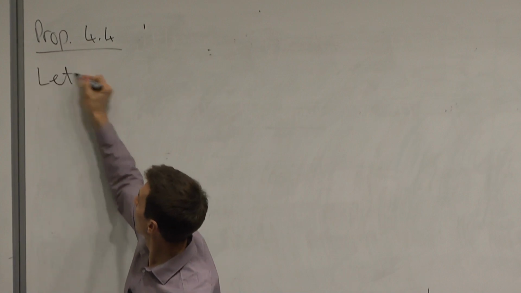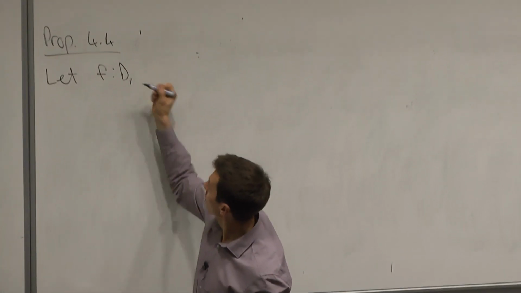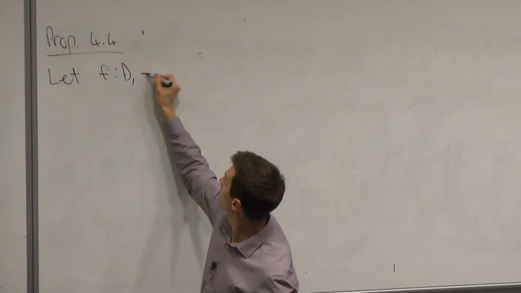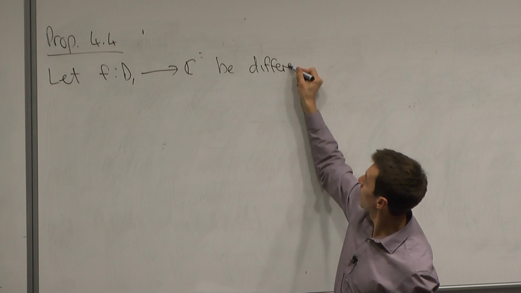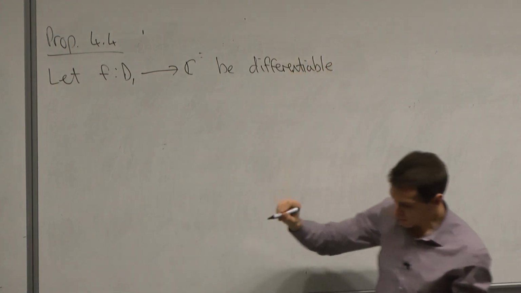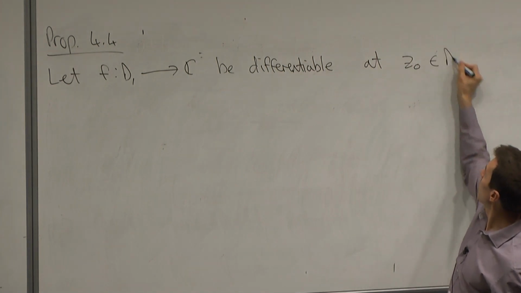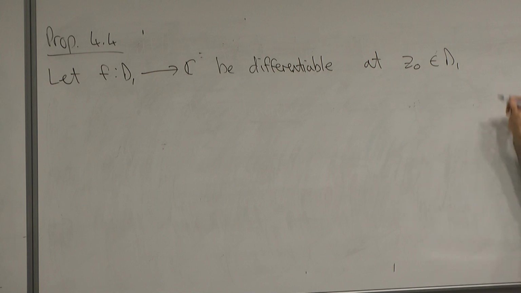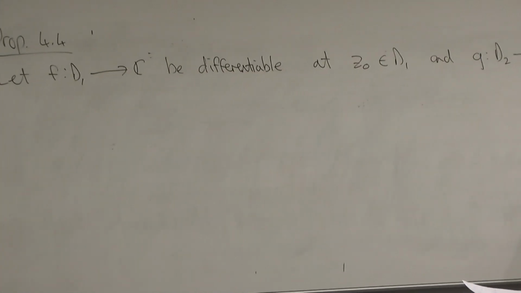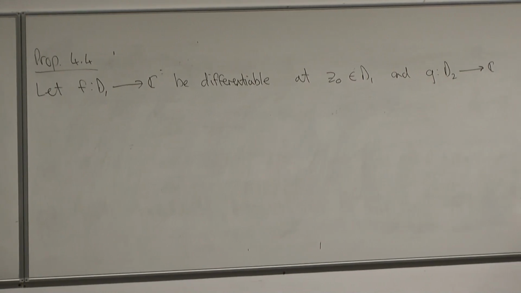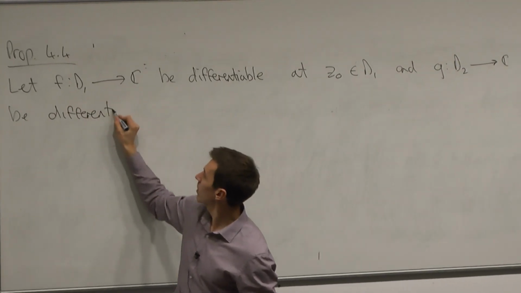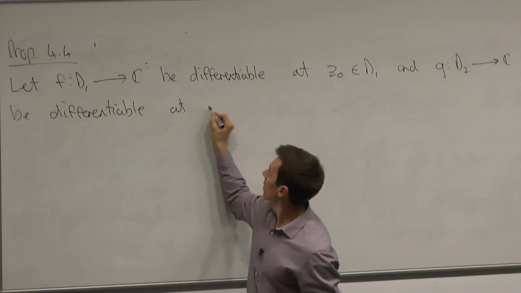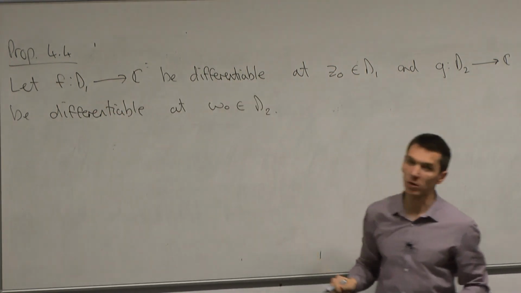Right, so if we let a function f from D1, again a subset of the complex numbers, to C, be differentiable at the point z0, which clearly must be in D1, and a function g, whose domain is D2, to the complex numbers, be differentiable at a point w0, which is in the domain D2. Yeah.